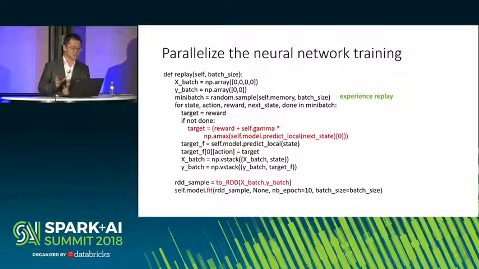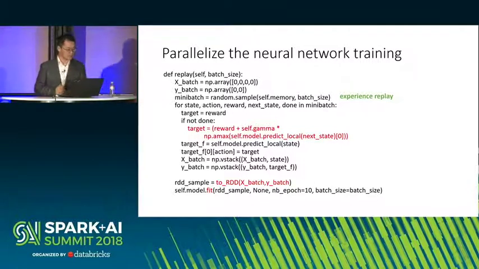We sample a mini batch from all the memories that we already collected. This is called experience replay, so that my transitions are actually sampled from the history of the last like 2,000 games. And that can break the correlation between each of the records and usually gives a better model.